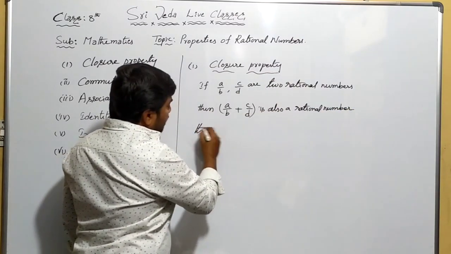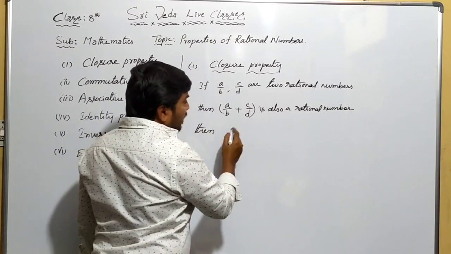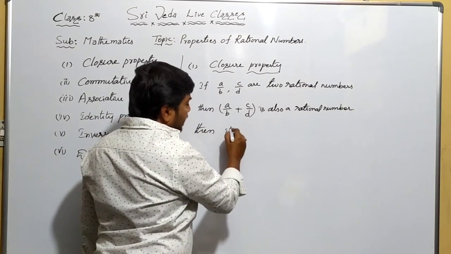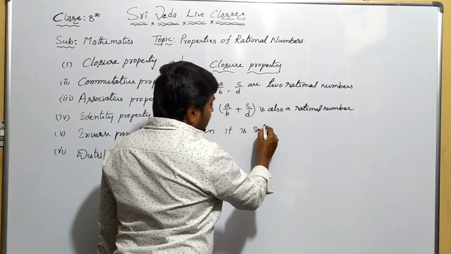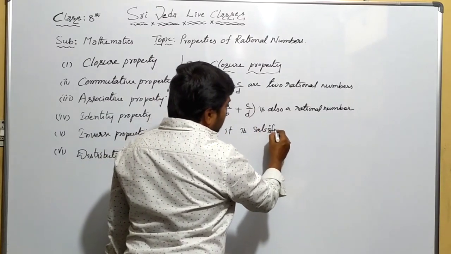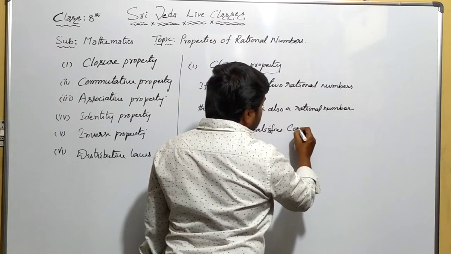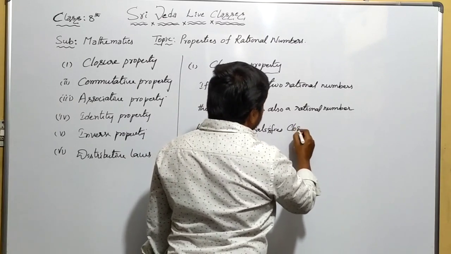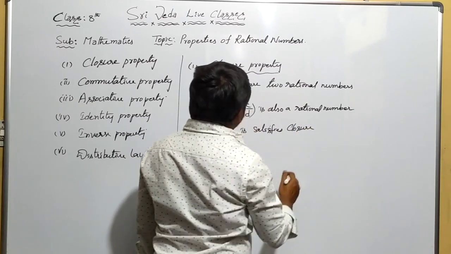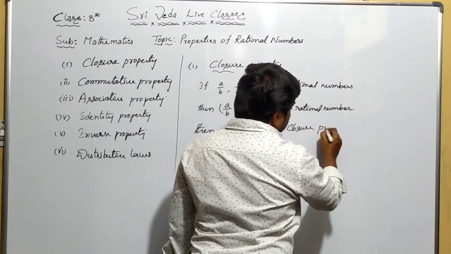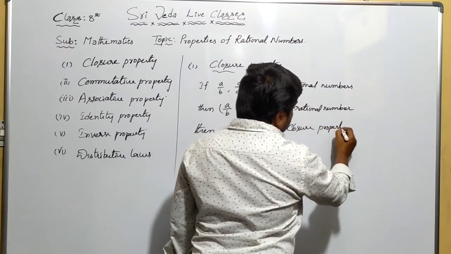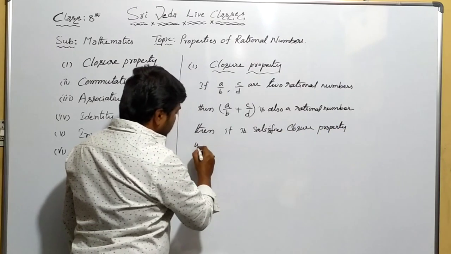Then the set of rational numbers satisfies closure property under addition.